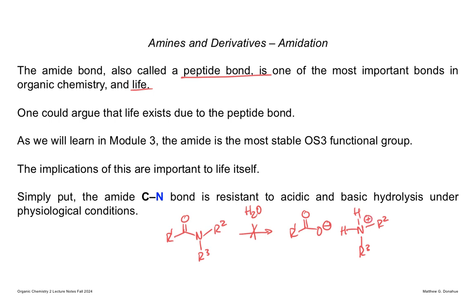So amides are resistant to that process, and that's important, again, because we have a lot of stuff in us that's made of amides, and so they need to be stable under physiological conditions so that we can survive.